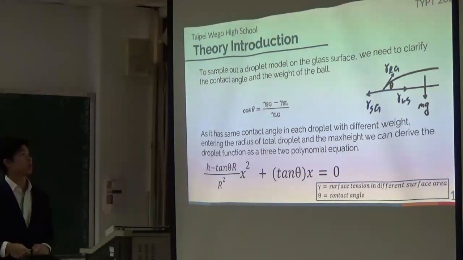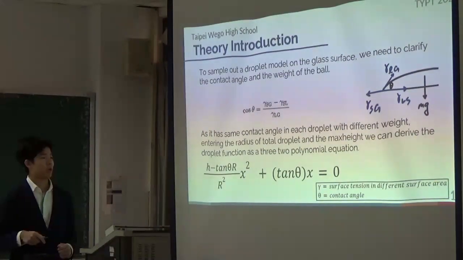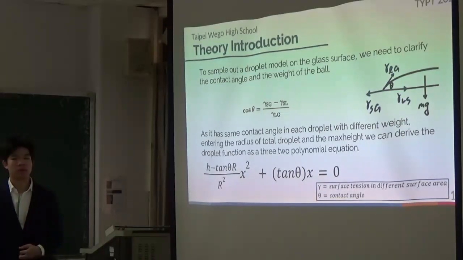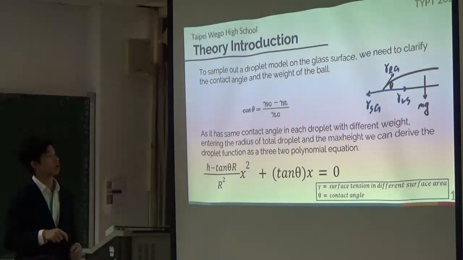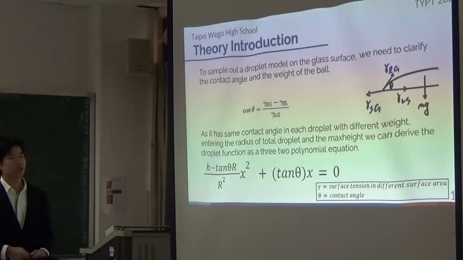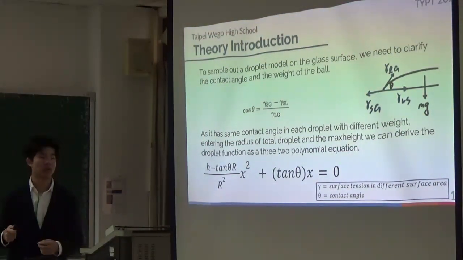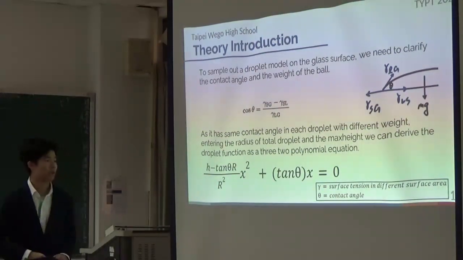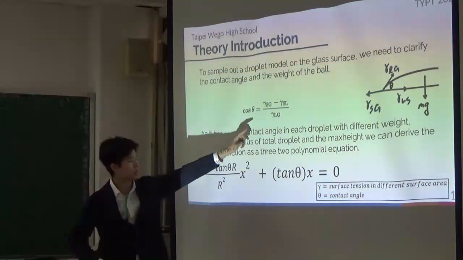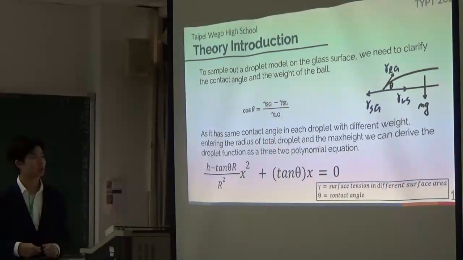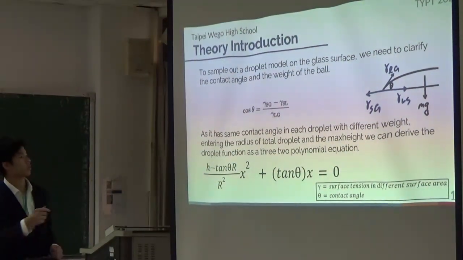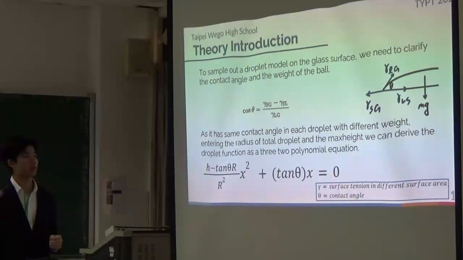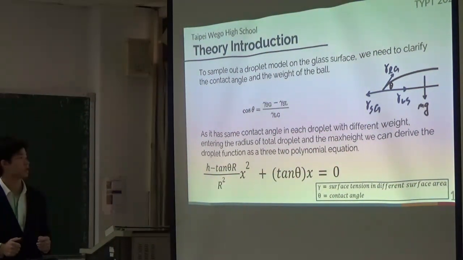To model the droplet, we assume the height of the droplet at different positions. We know that the contact angle of the droplet is given by these formulas, and then this is the surface tension at the different interfaces of the droplet, where there will be air, water, and the glass surface.